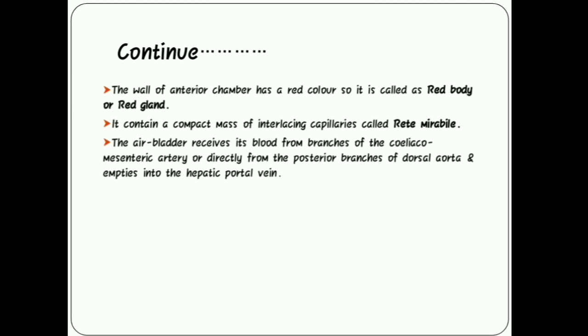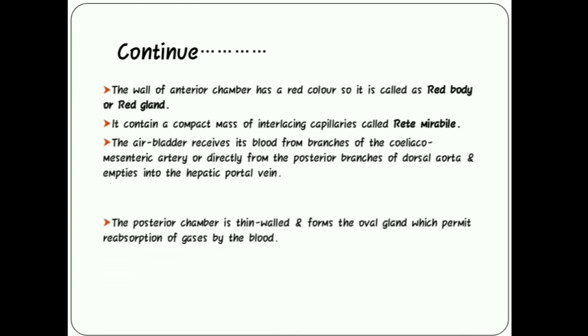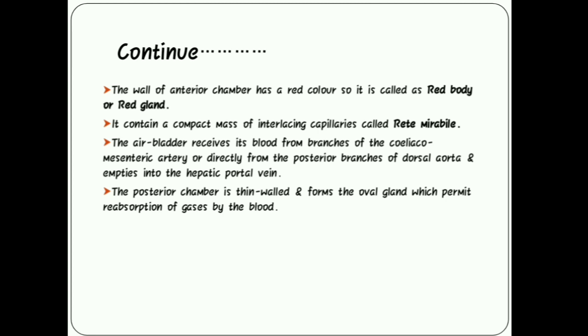The air bladder receives its blood from branches of the coeliac mesenteric artery or directly from the posterior branches of the dorsal aorta, and this blood is imparted into the hepatic portal vein. The posterior chamber is thin walled and forms the oval gland, which permits reabsorption of gases by the blood.